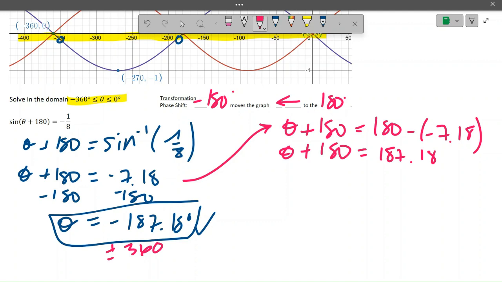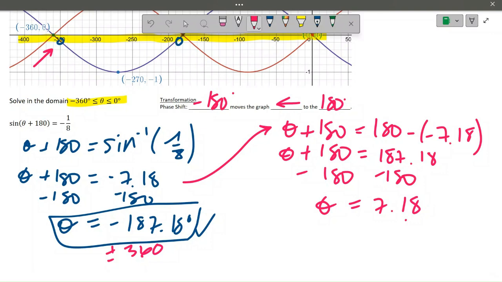You can also totally do that, or you can do it the long way with me to make sure that we aren't being confusing. So when we do that, we end up with 7.18. All right, so this is a solution. Unfortunately, it's not in our domain. So if we look at our graph, it's going to be about right here. Probably up a little higher, but that's outside of our domain because it's bigger than 0.